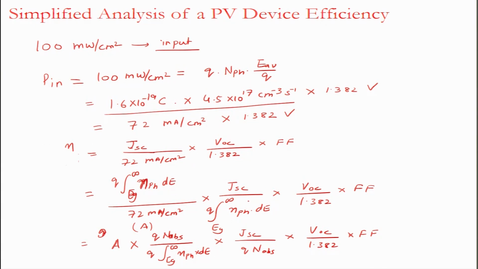Then finally we will break this down into, so the first factor comes to be about 0.257, okay, for let us say a 2 electron volt semiconductor. And this factor will be approximately 19 milliamps per centimeter square for a 2 electron volt semiconductor.